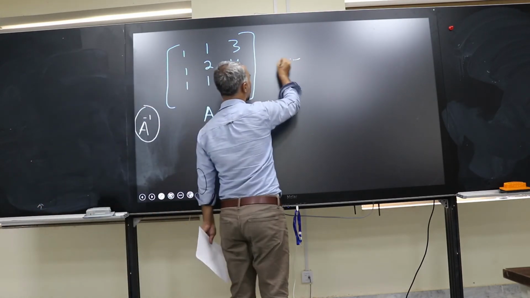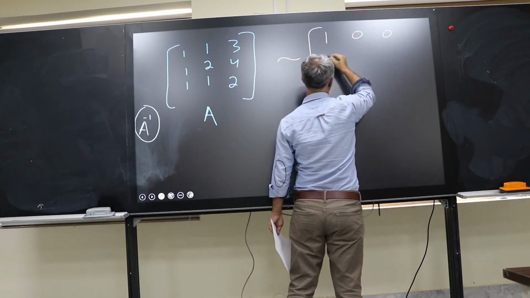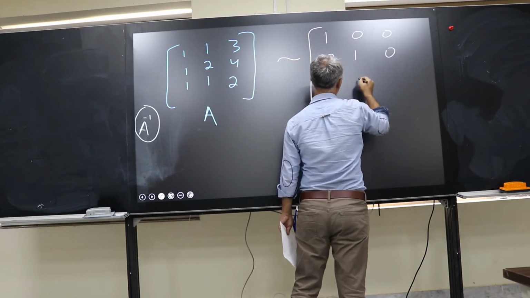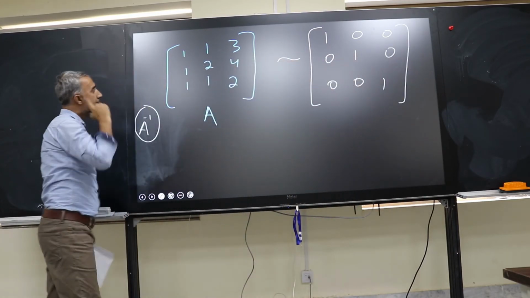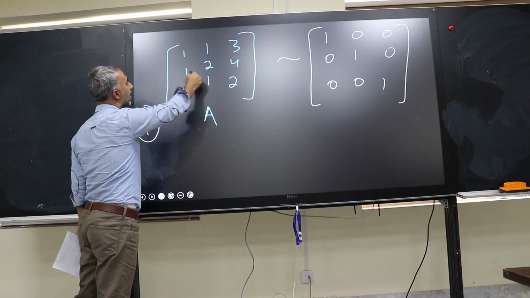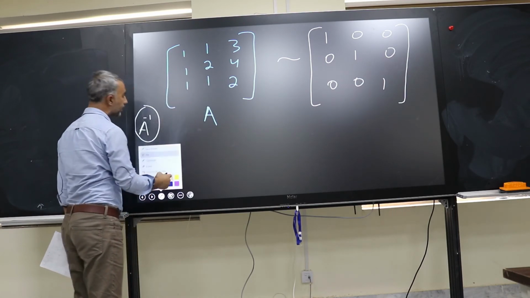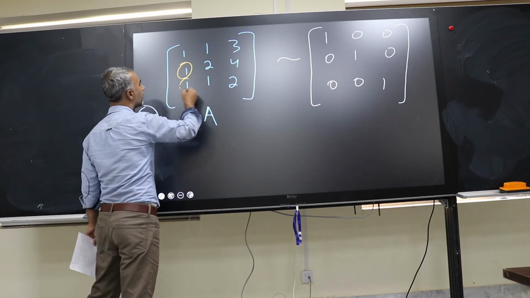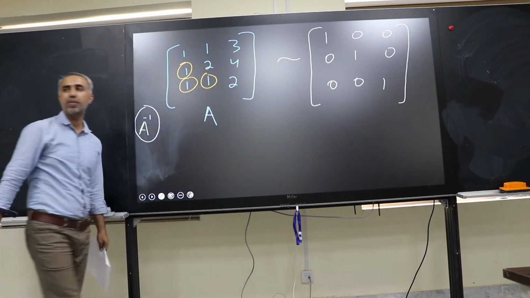We can consider an identity matrix 1 0 0, 0 1 0, 0 0 1. With the help of the elimination process, we can get rid of these values, making them 0. Are you getting my point?